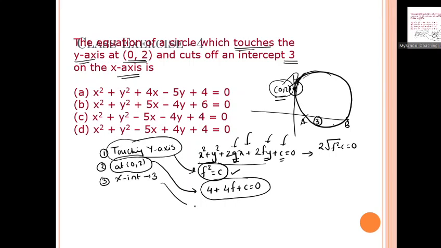And x-intercept is 3. So 2 root g square minus c is equal to 3. So g square minus c is equal to 9 by 4. These are the equations that you have. Okay, clear hai equations?